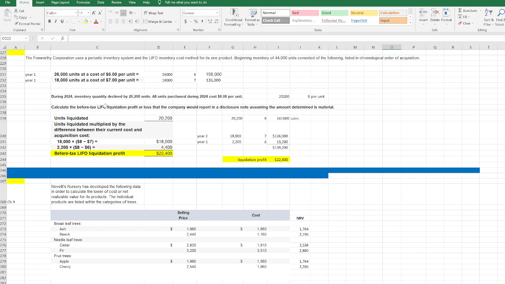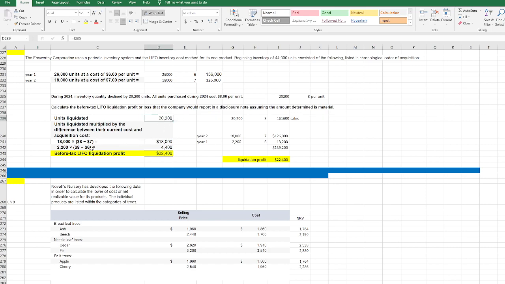So basically we sold 20,200 units at a cost of $8. What Connect is famous for is just netting things, or I guess it's the textbook authors. So we have liquidated units of 20,000.